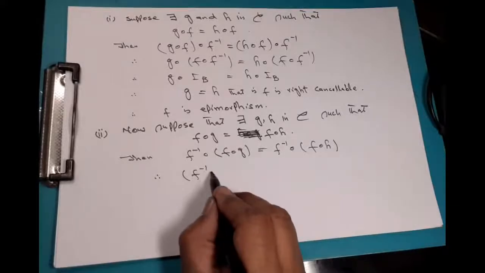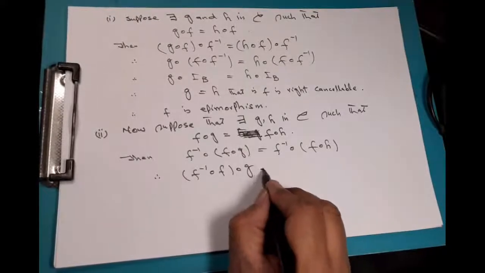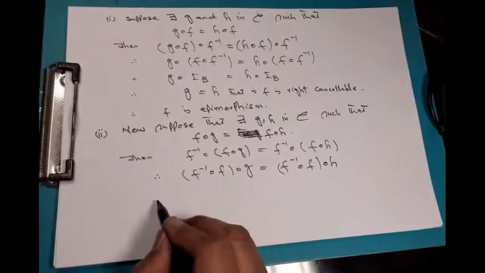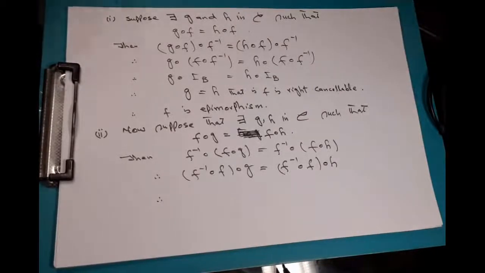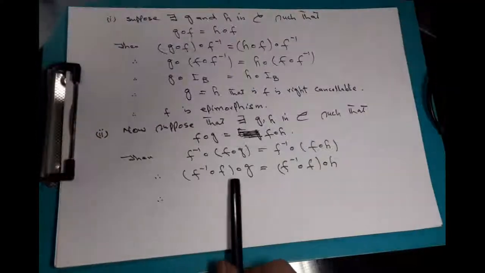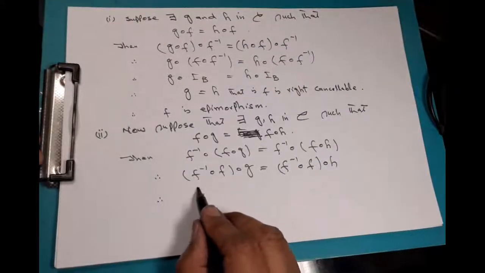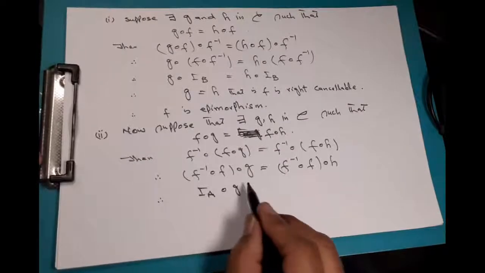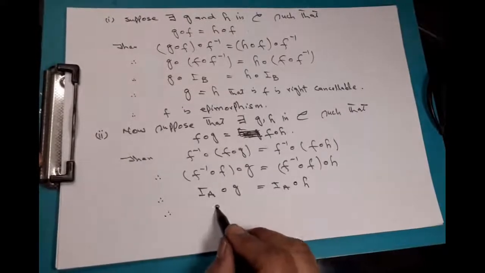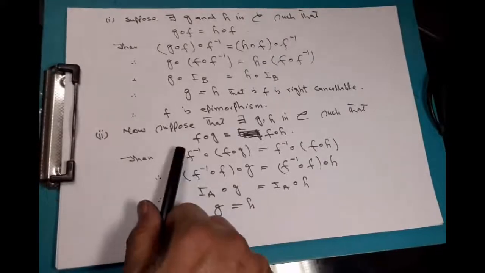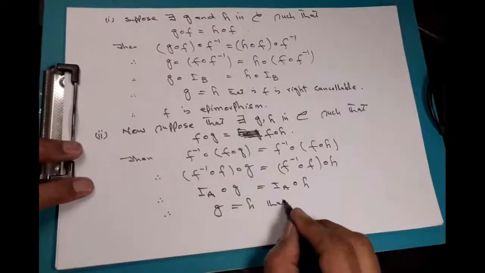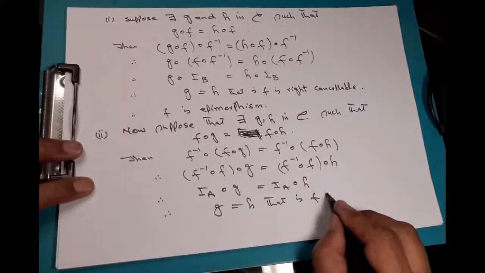So this is F inverse circle F circle G is equal to F inverse circle F circle H. And therefore we know that F inverse circle F is equal to identity of A. So identity of A composed with G is equal to identity of A composed with H, and therefore G is equal to H, which means if F circle G is equal to F circle H, then F is left cancelable.